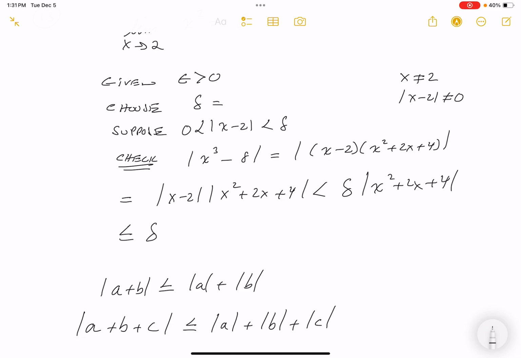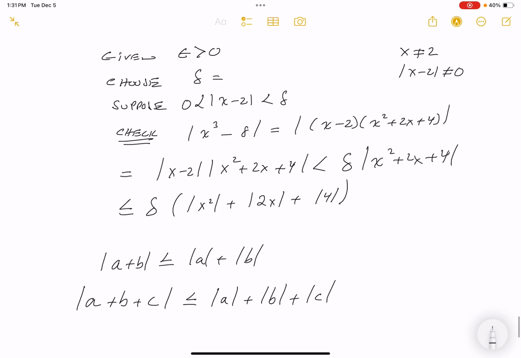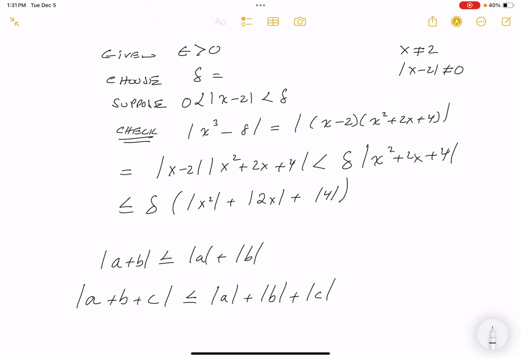I've got to be a little careful here. I'm going to be writing down the absolute value of x squared plus the absolute value of 2x plus the absolute value of 4. Well, I think I could simplify that somewhat. Let me get my eraser out too.